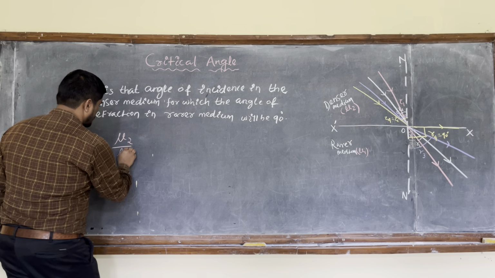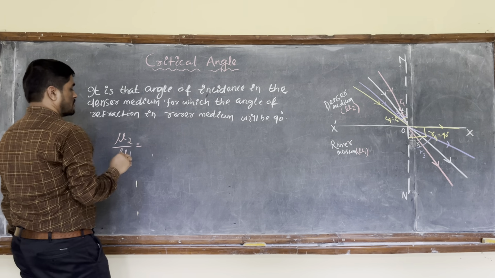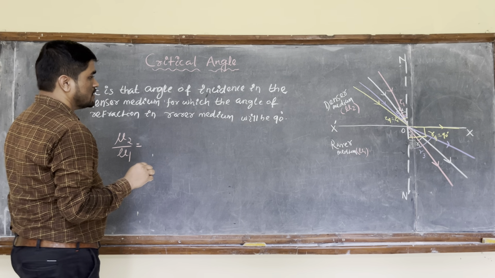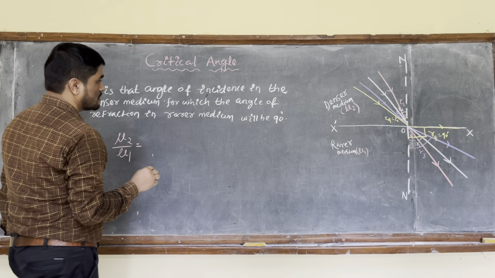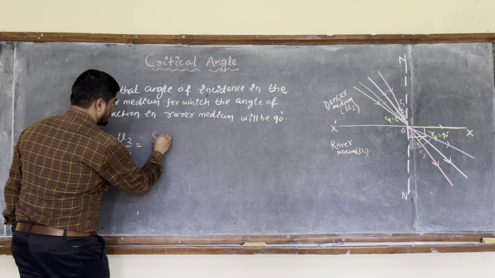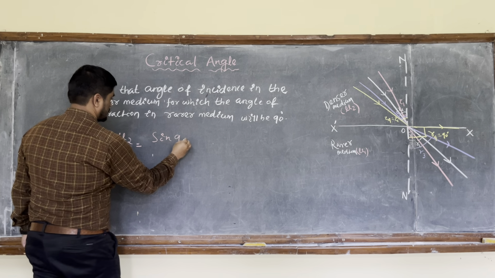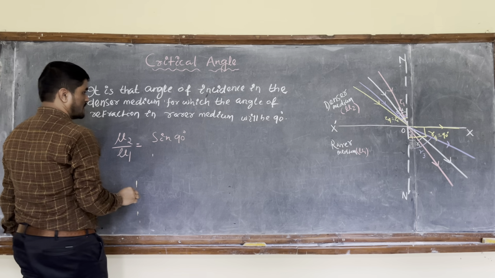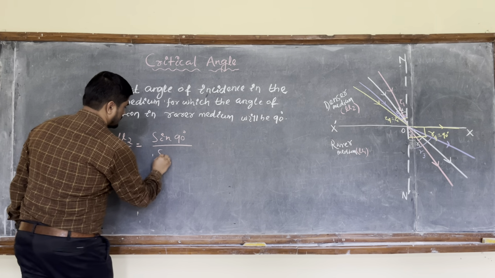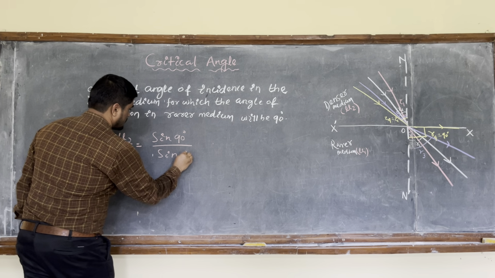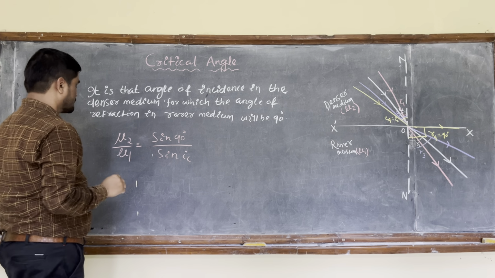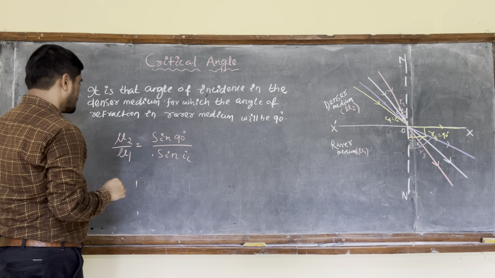mu2 divided by mu1. This will be sin 90 degrees divided by sin IC. Snell's law.